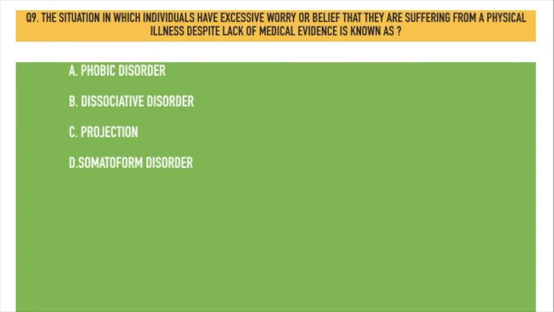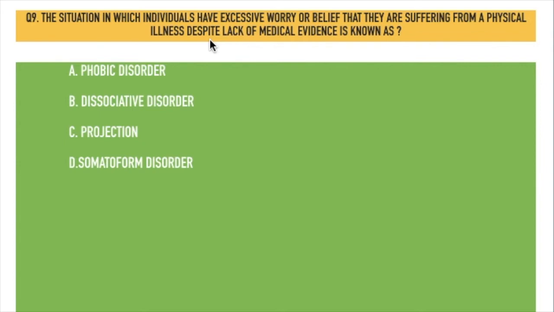Moving on to the next slide. That is question number 9. The situation in which individuals have excessive worry or belief that they are suffering from a physical illness despite lack of medical evidence is known as. So the individual has excessive worry that they are suffering from a physical illness, but there will be no medical evidence.